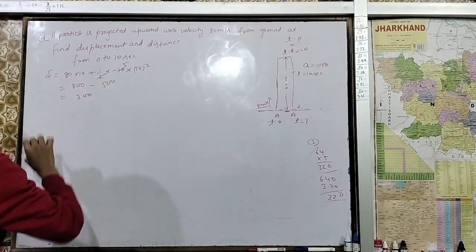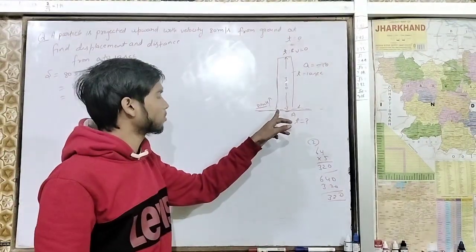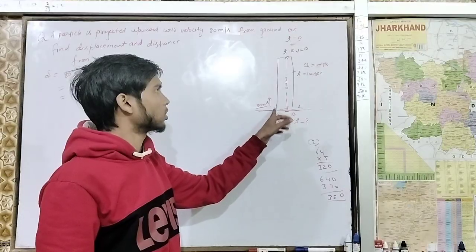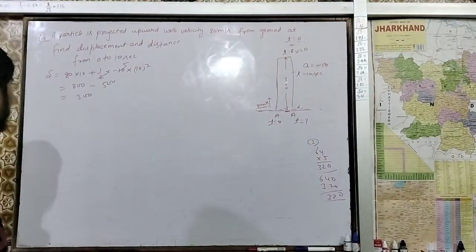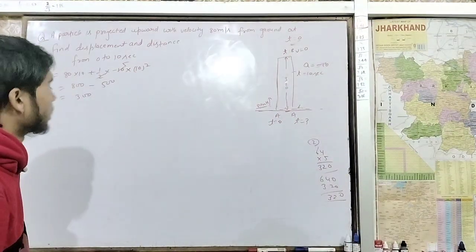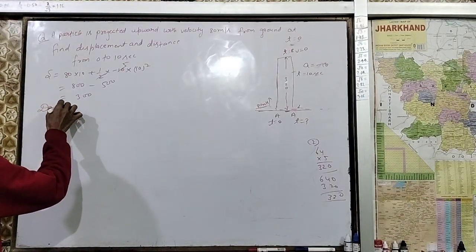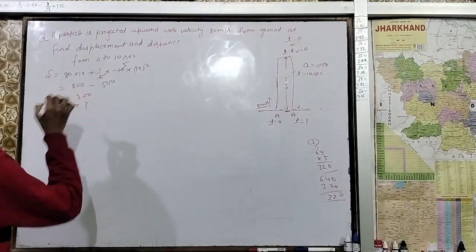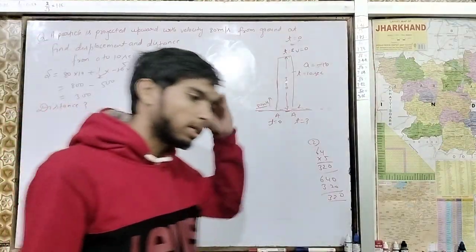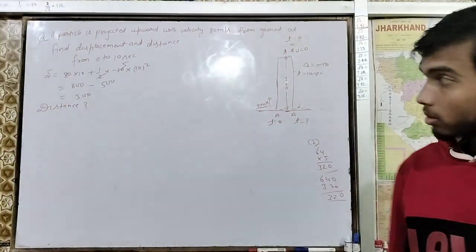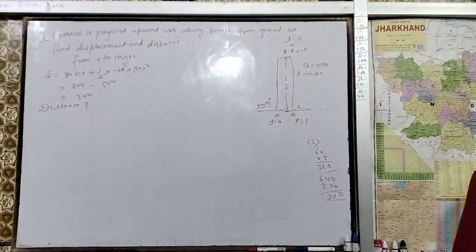So 300 is our displacement from 0 seconds till the 10 seconds. Now what about the distance from 0 seconds till the 10 seconds?